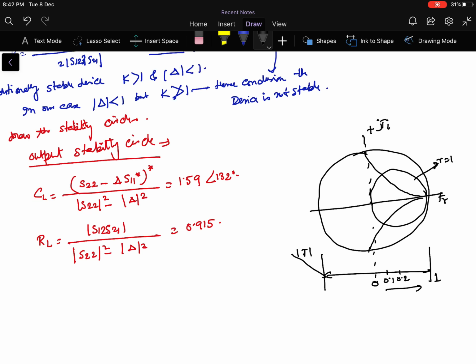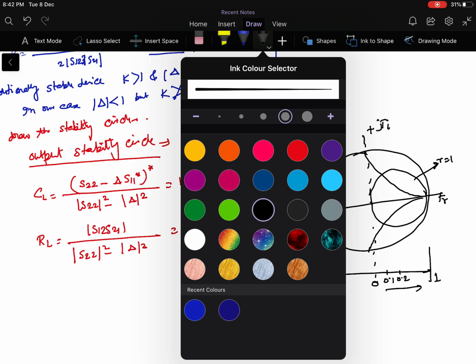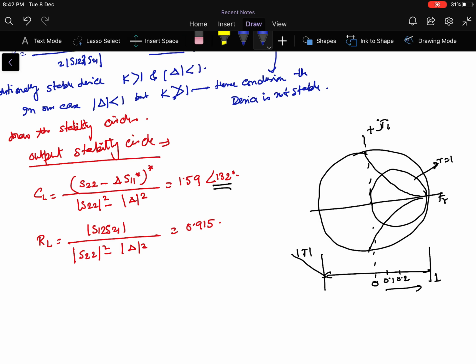So first I take the 132 degree angle. Let's say this is my 132 degrees, and from this side to this side I draw a straight line.